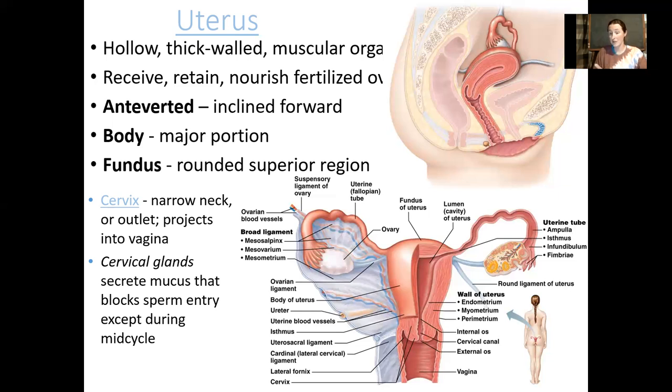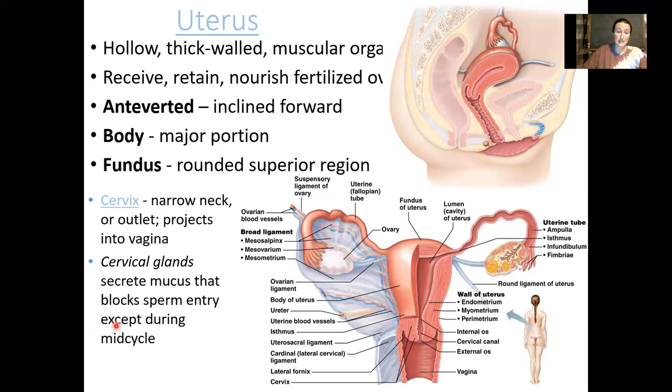The entry of semen into the uterus pretty much means that the female's immune system has to clean up all of those sperm and all of the other ingredients of semen. If she is not fertile, she doesn't want to have to clean all that up. And so the cervical glands secrete mucus that is fairly thick, and it very much blocks the penetration of sperm, except for the couple days a month when she is actually fertile.